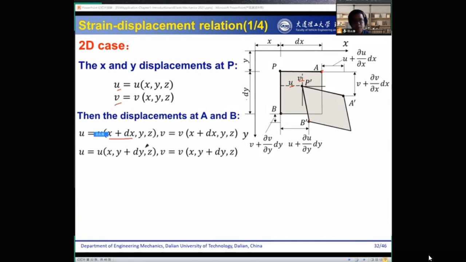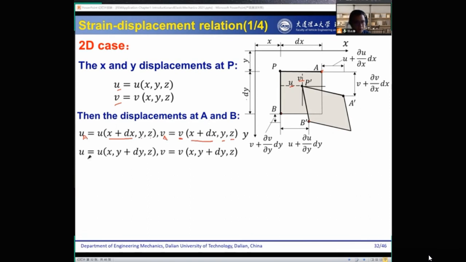Okay, y is the same as P, z is the same as P. So then we put that into the u displacement function, then we get the displacement for point A. Then the y direction displacement for point A is v_A. Again we put the coordinate of A into the v function. Okay, then we get the x direction displacement and the y direction displacement for A.